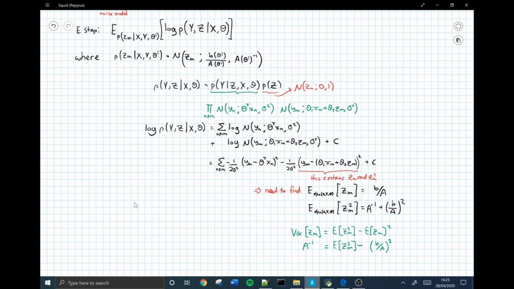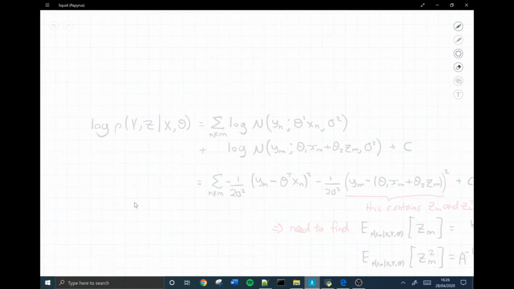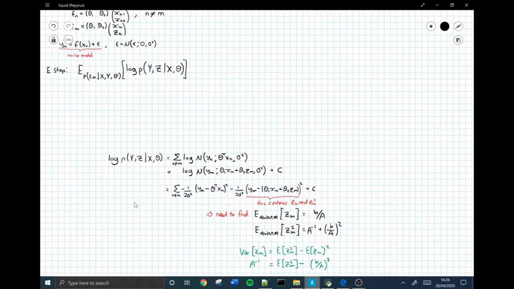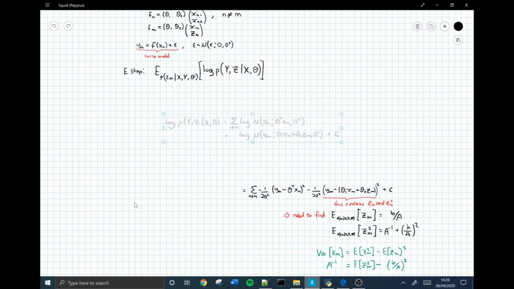So I'll remove the things we no longer need. So we'll remove all of this. And this is our log PDF.